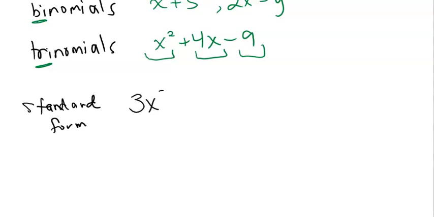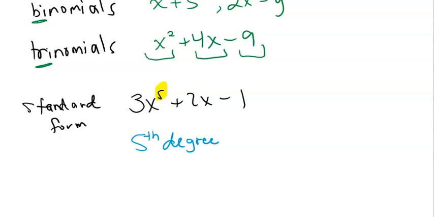It might be 3x to the 5th plus 2x minus 1. That would also be in standard form. Once it's in standard form, we can identify what the highest exponent is. And for this one, it's 5. That means that this is a 5th degree polynomial. Whatever that highest exponent is going to tell us what degree our polynomial is.